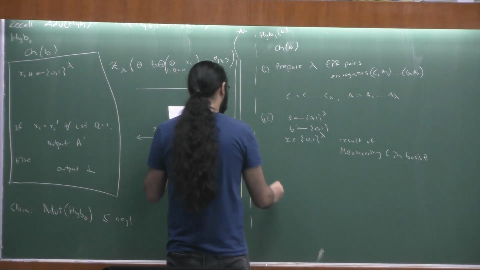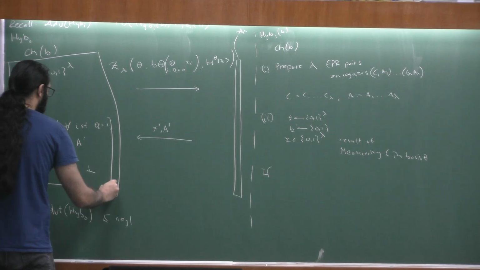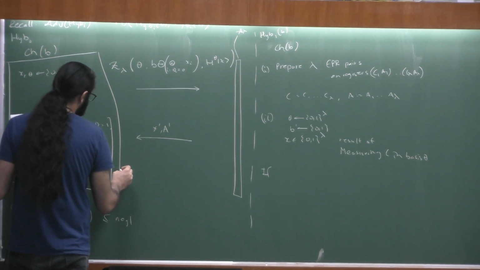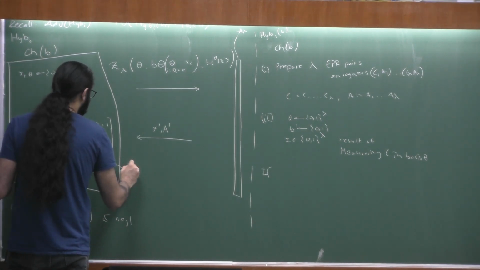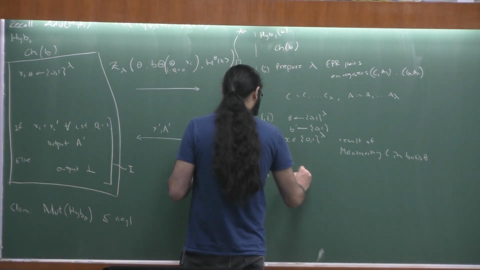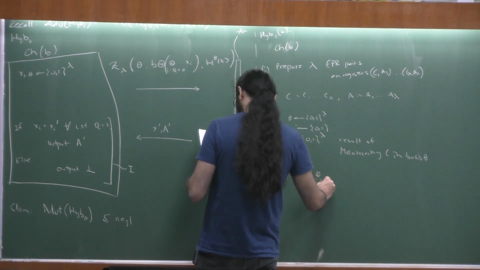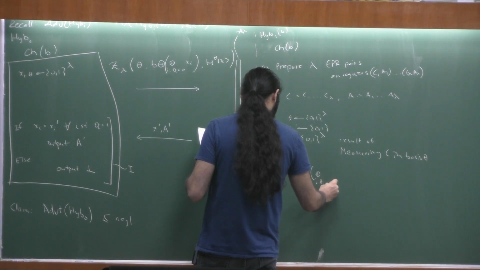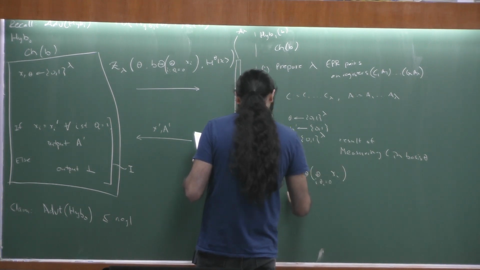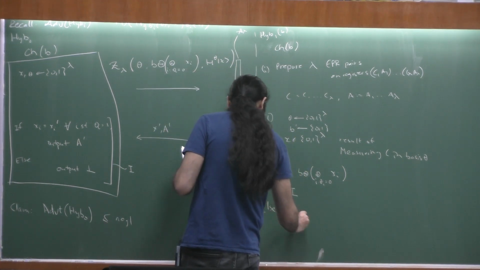Let's call this 1 for now. If B prime happens to match B XOR theta_i for xi equal to 0, then you do 1, and else you output perp.